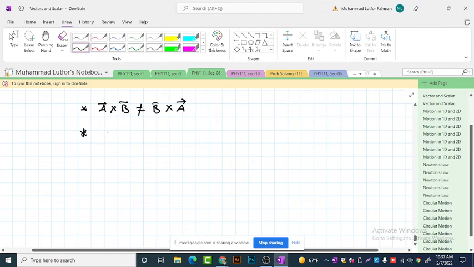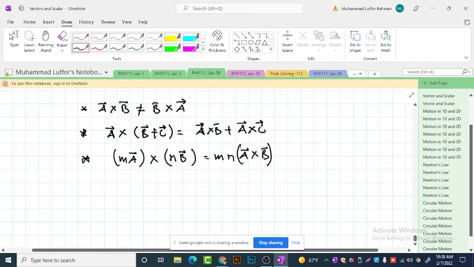And its distributivity: A cross (B plus C) equals A cross B plus A cross C. And I can write mA cross nB, which is going to be mn times A cross B. These are the properties of the cross product.